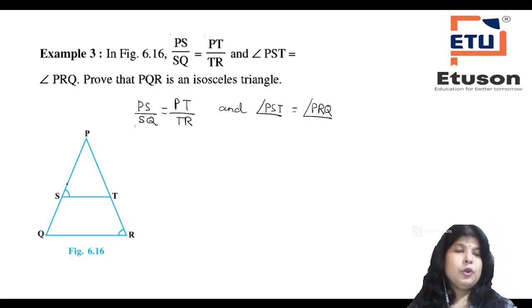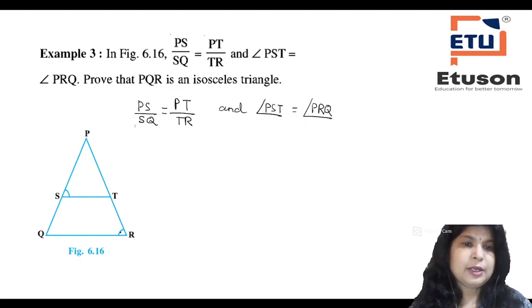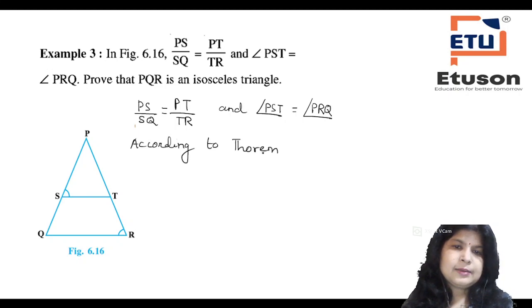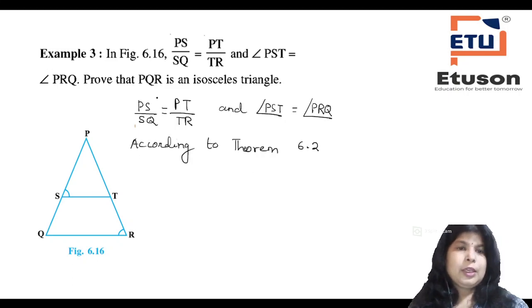So now you don't know whether ST is parallel to QR. But according to theorem 6.2, if a line is dividing two sides in the same ratio, then the line should be parallel to the other side.